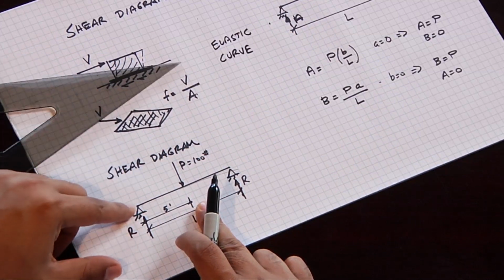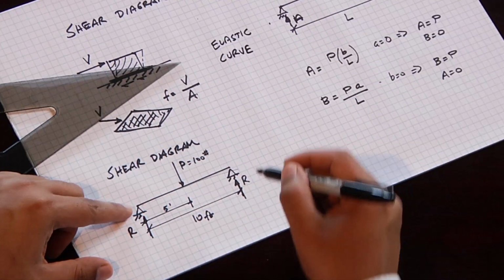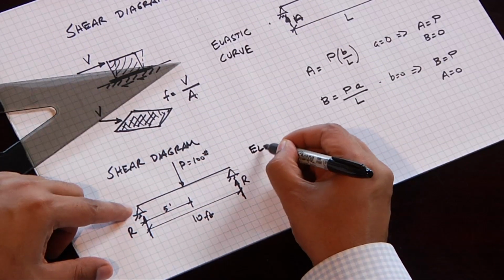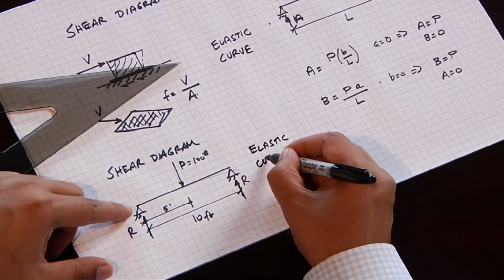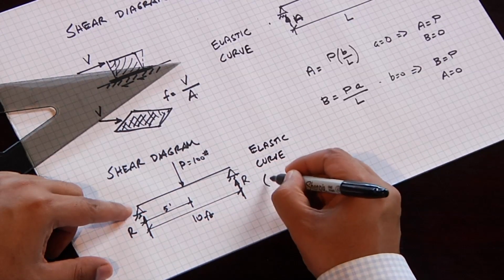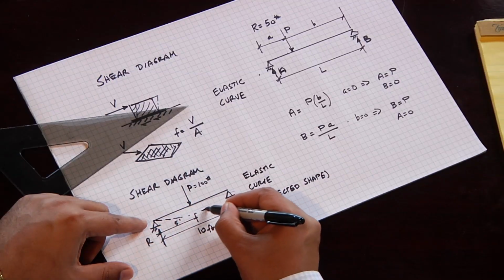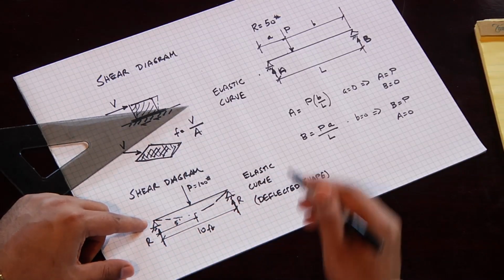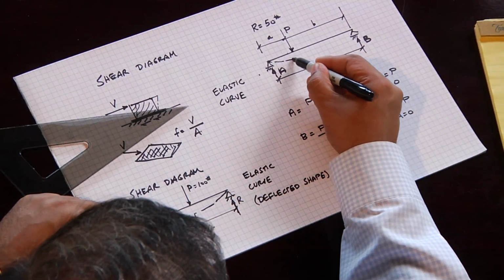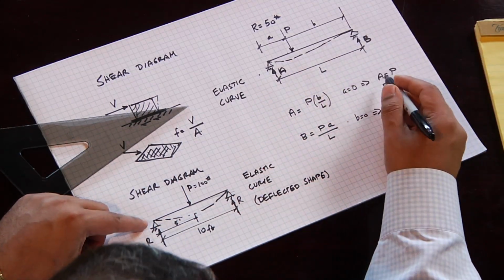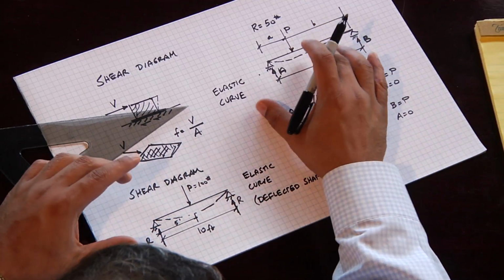Let me go back down to this structure over here, the one that we started with, and if I try to draw the elastic curve, which is also called the deflected shape, this structure looks something like this. And that tells us what is happening internally to that structure.